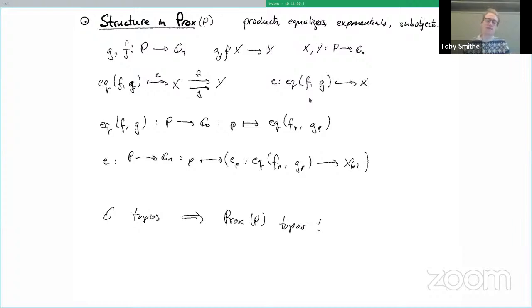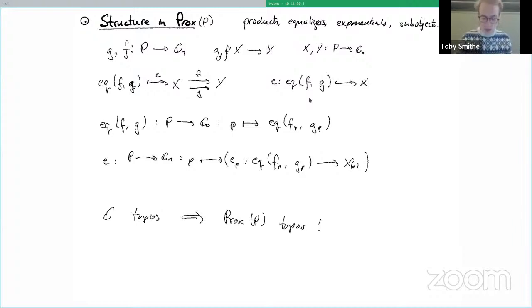I mean, the story goes the same way in each case, right? It goes by saying, okay, well, I've got these generalized objects, these generalized elements, and they pick out the corresponding universal object in C for each choice of parameter, and then the universal maps in each case are going to be the generalized elements which pick out the corresponding universal maps in C. And so the story is the same in each case.